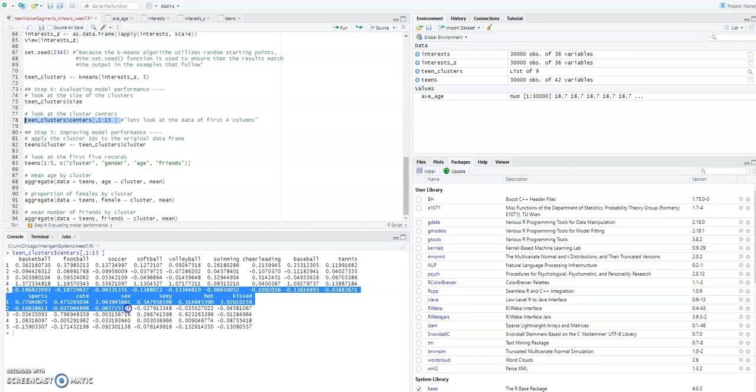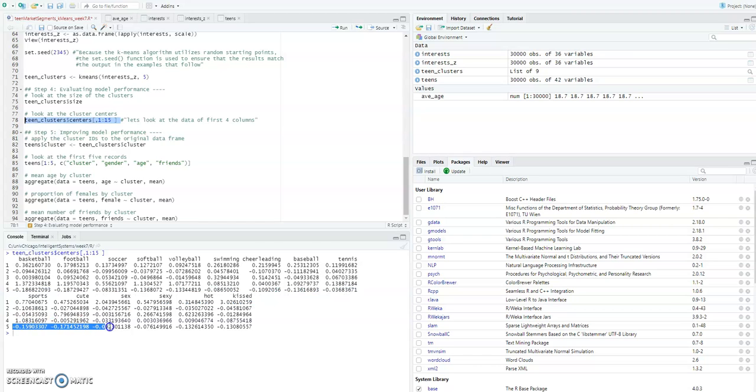Maybe the users belonging to this cluster 5 created a profile on the website, but they never really posted any interest in the group. That could be a possible explanation, because they seem to have negative values for almost every variable of interest that we have spit out so far.